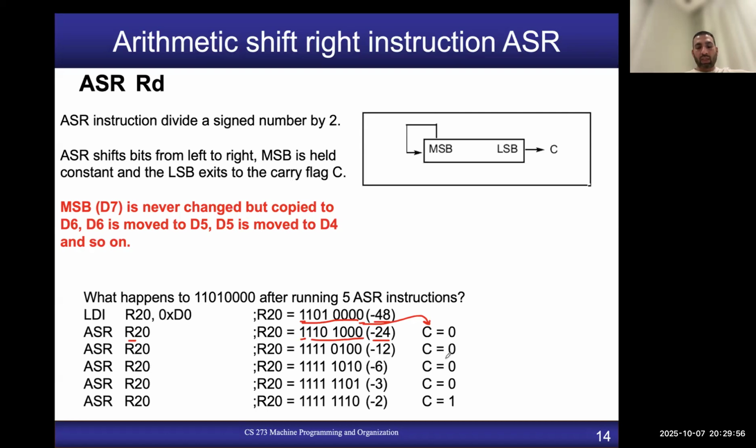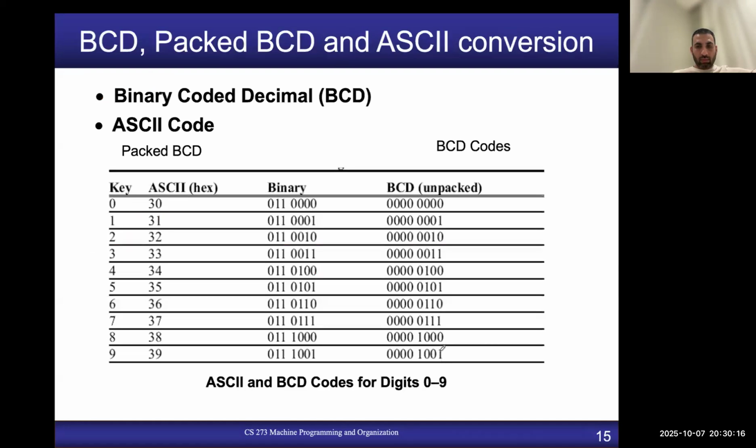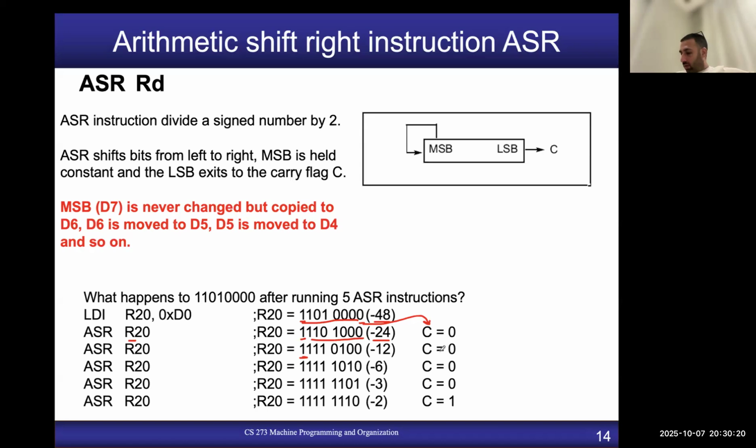Every time you move the least significant bit into the carry, the most significant bit retains its value, and all other bits are simply moved one position to the right. Any questions? Okay.